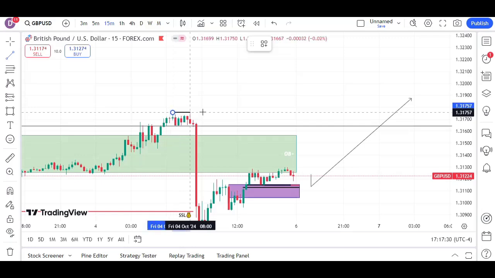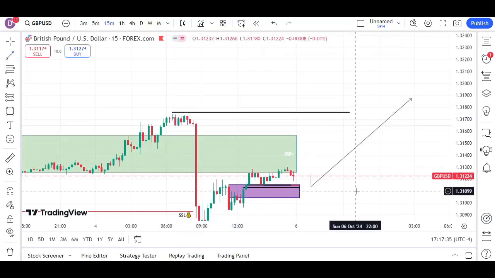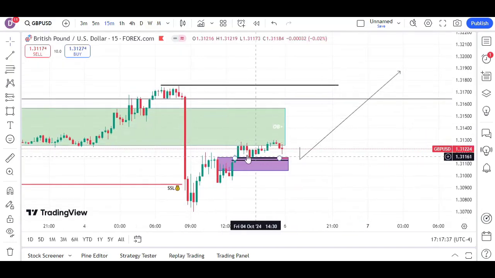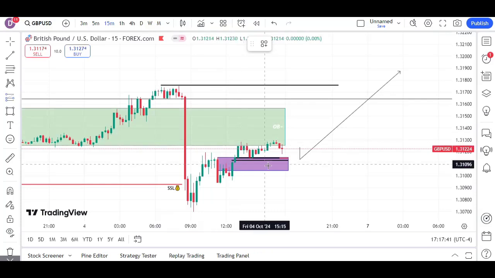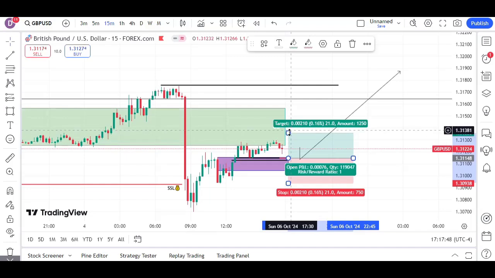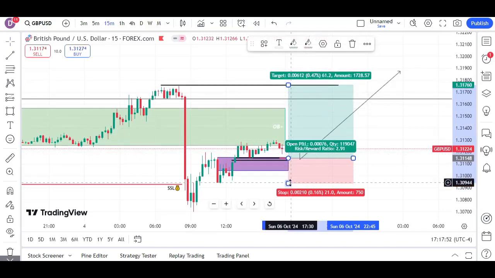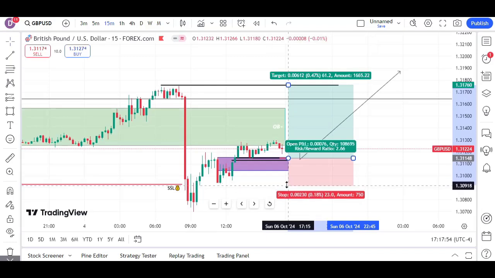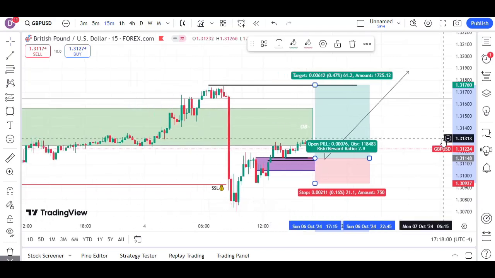If you look at it, you can target here from this setup. So I'll be taking a long position, maybe from the top of this fair value gap, right? And then my target is going to be here, and my stop loss is going to be wrapped around this order block, because I don't expect price to do what?